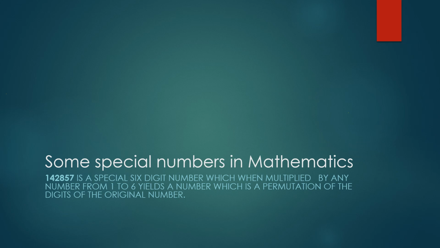There is something called a cyclic number. A cyclic number is a kind of unique, special number where, let's say the given cyclic number is a 6-digit number.